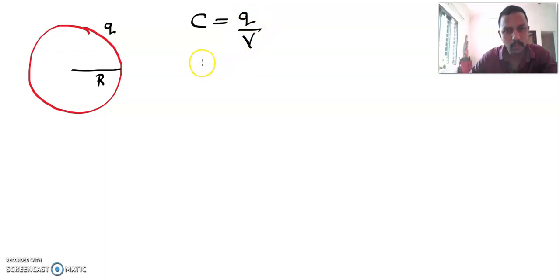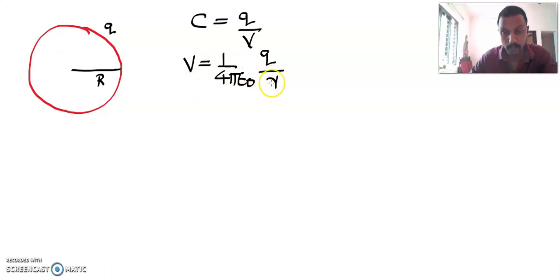Then can you recall the potential due to a spherical conducting shell? You might have learned potential due to a charged spherical conducting shell as 1 by 4 pi epsilon 0 Q by r. That is learned in the topic before capacitance, that is potential on the surface of a spherical conductor.